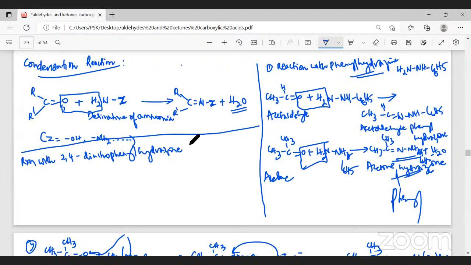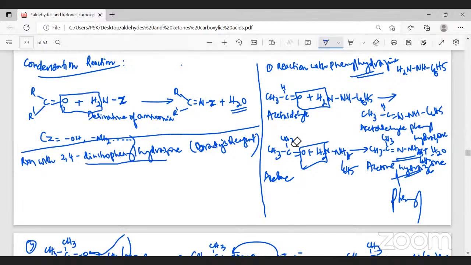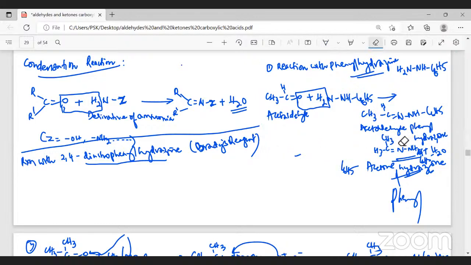This 2,4-dinitrophenyl hydrazine is called Brady's reagent. So what is this Brady's reagent? DNPH. I don't know whether you have been using DNPH. Organic reactions you are not doing in your labs. That's okay. So this DNPH is called dinitrophenyl hydrazine, abbreviated as DNPH.